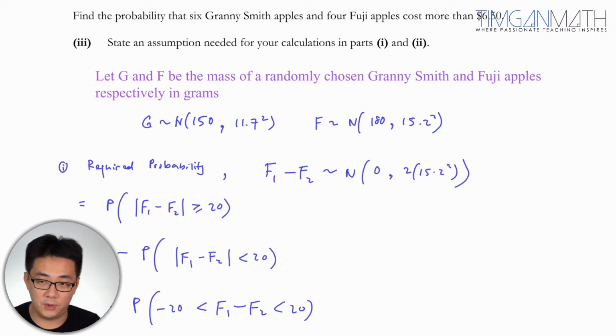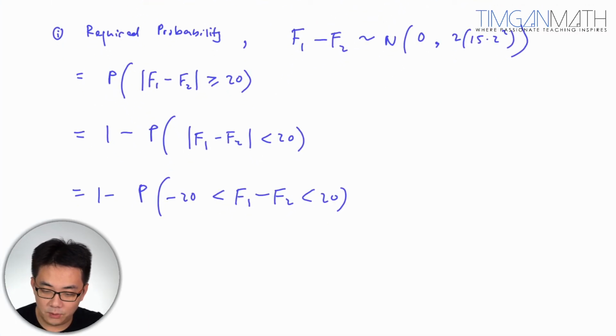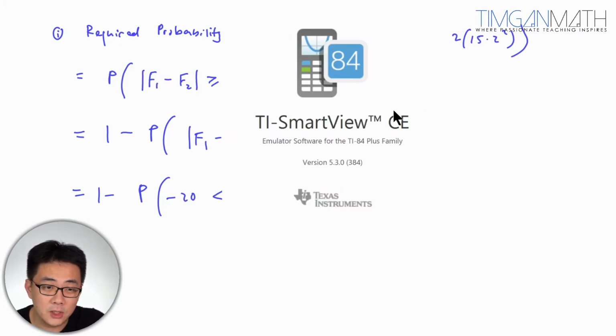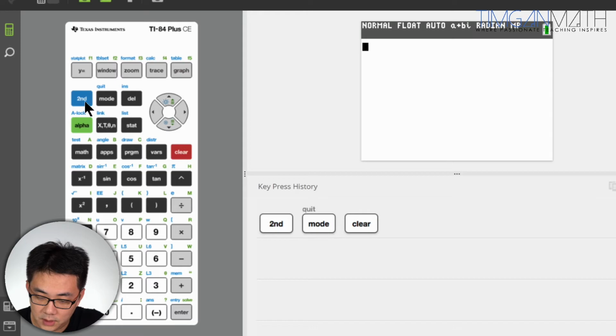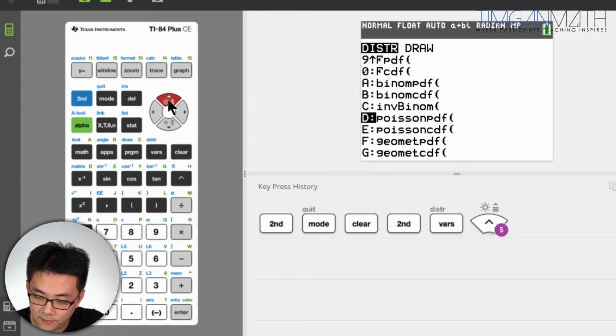That's pretty okay. So once done, we're just going to key this in the calculator. I'm just keying the calculator for you to see. Here, so what we do is second distribution, normal CDF.